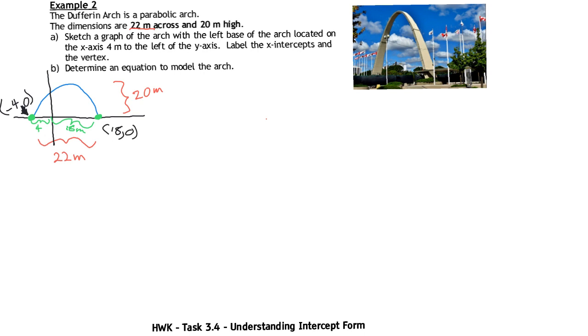Now it says, sketch the graph of the arch to the left of the base, and then label the x-intercepts. And we've just done that. So part A is done. We've graphed everything that we needed to do.